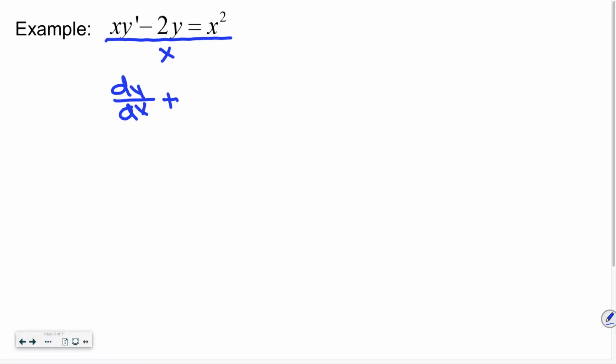Standard form has plus: a function of x times y equals a function of x. Step 1, we have it in standard form.